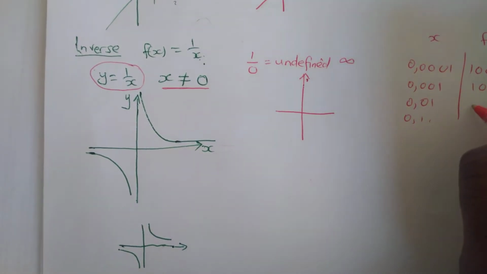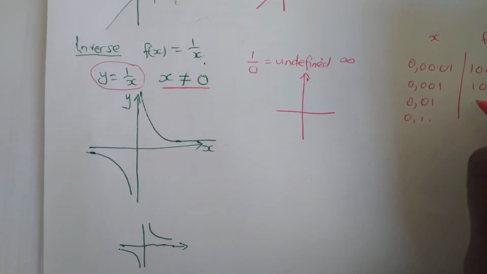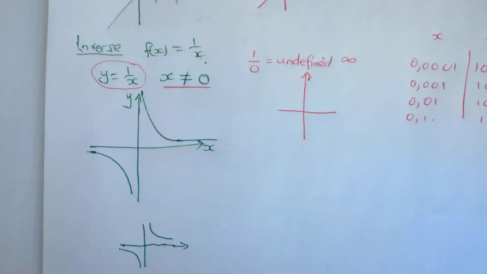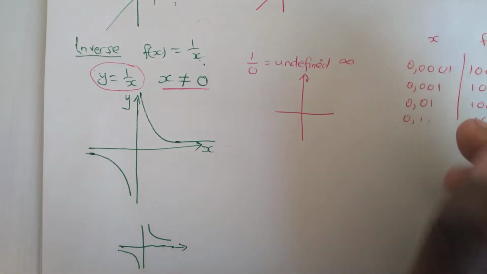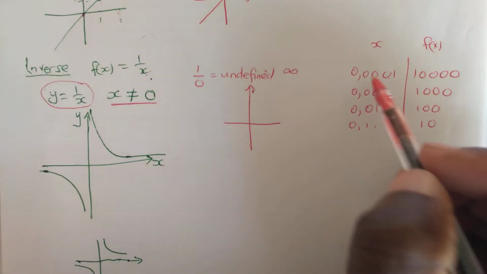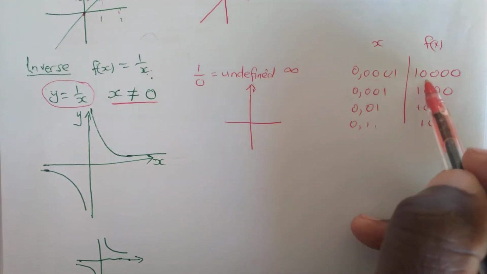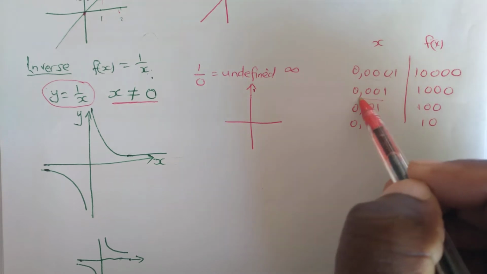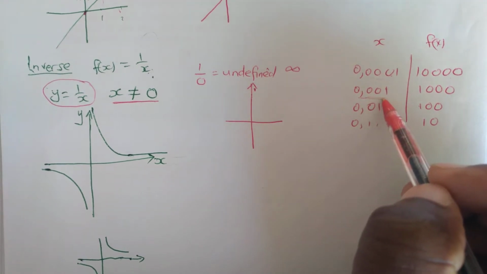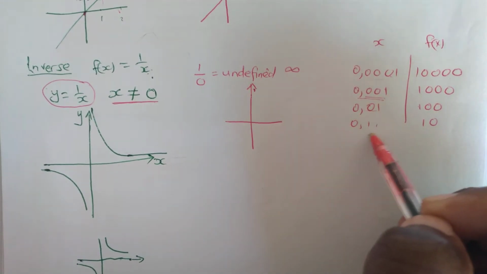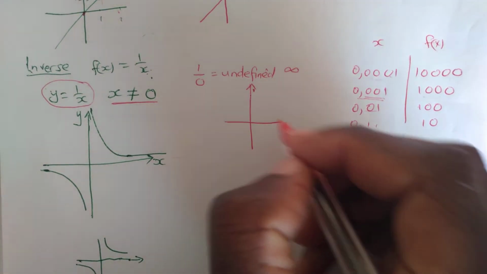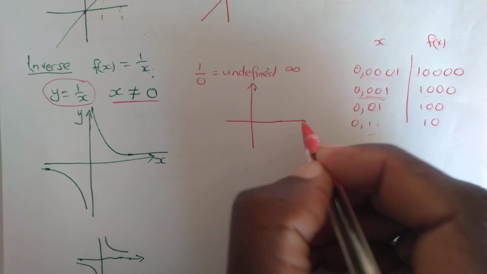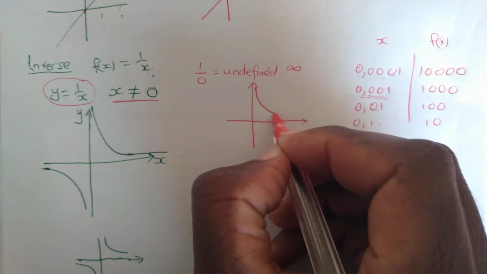These are the answers that you get when you find f of x. And as you can see, when x is very small, y is big. But when x increases, y is decreasing. So this suggests that the graph is like this.